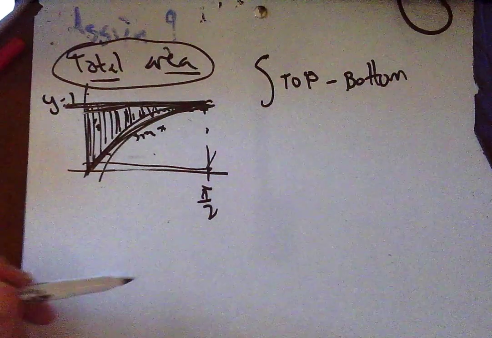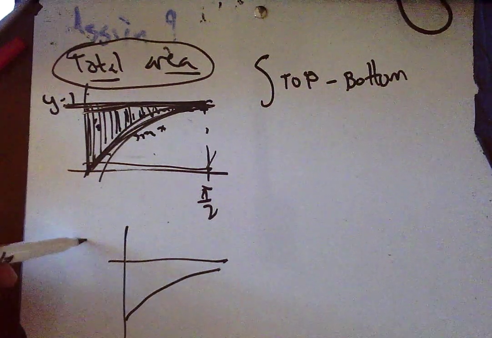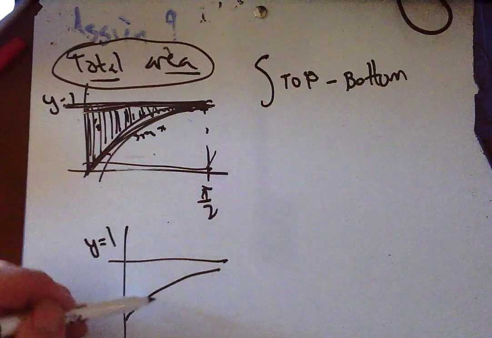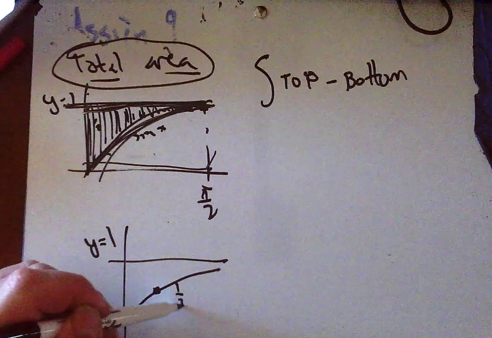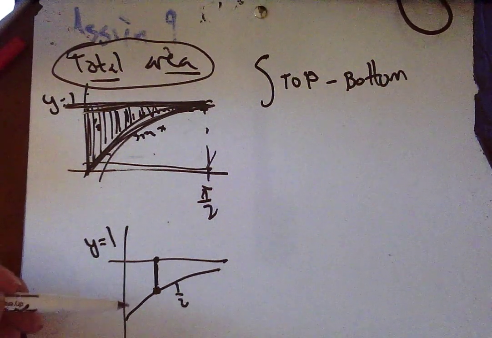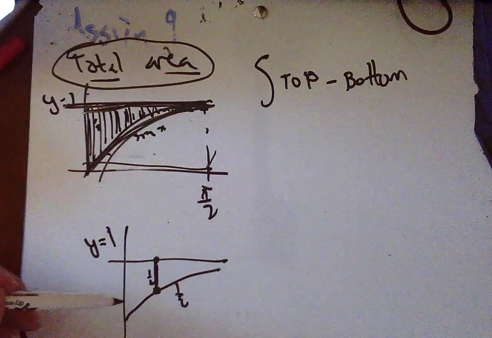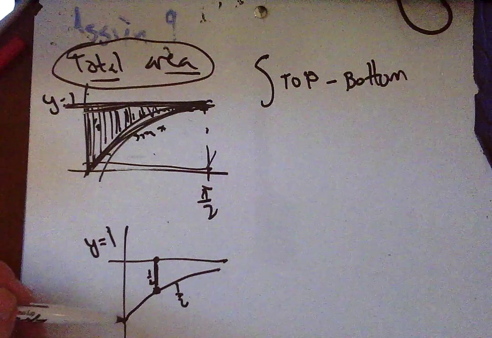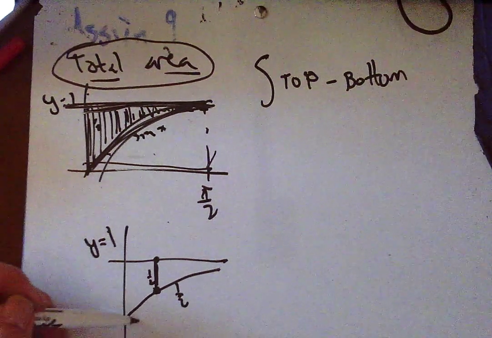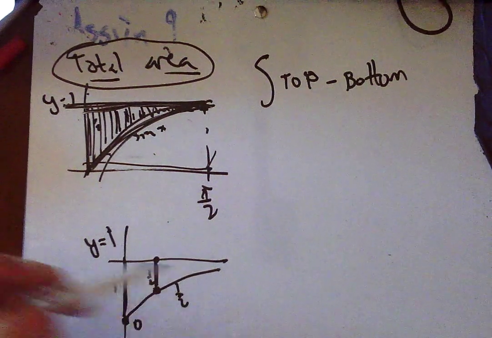Why top minus bottom? Well, if I have a situation like this, where this was y equals 1, and this y value here was 1/2, and I would think about, hey, how long is that? Well, it's this number minus that number. That's 1/2. But what if down here the y value is 0, and then look, 1 minus 0 is 1.